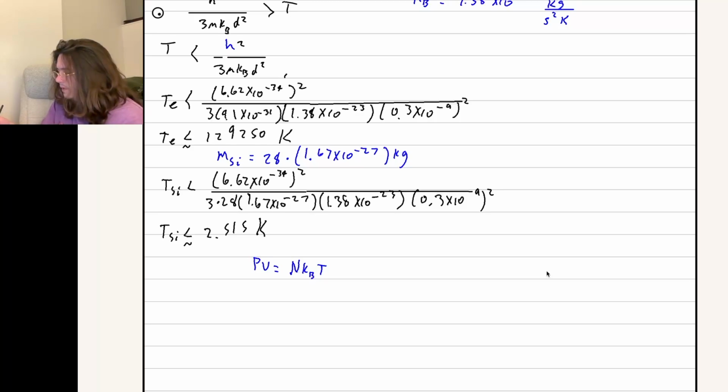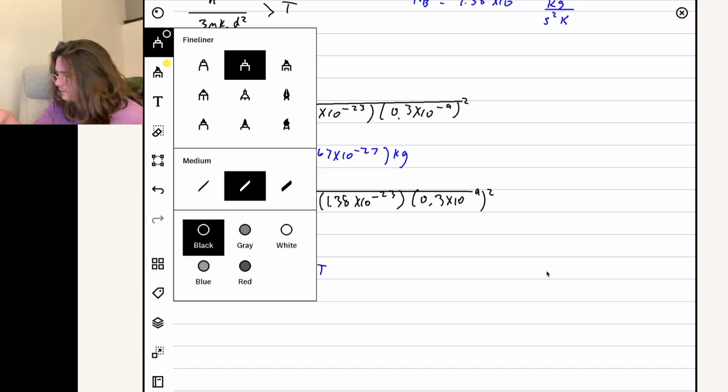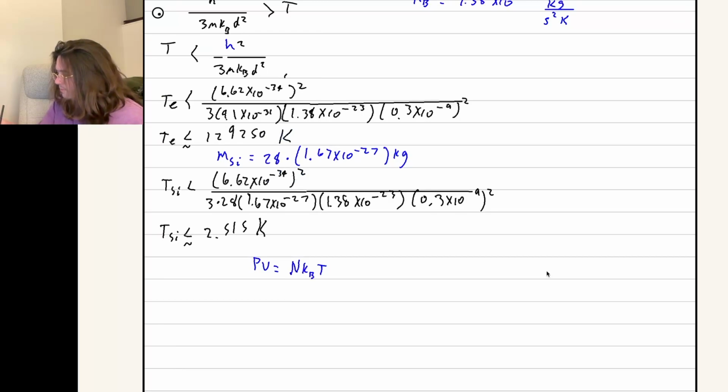So we can think about V as being just D cubed, because if it's a three-dimensional box, the volume is just going to be given by D cubed.